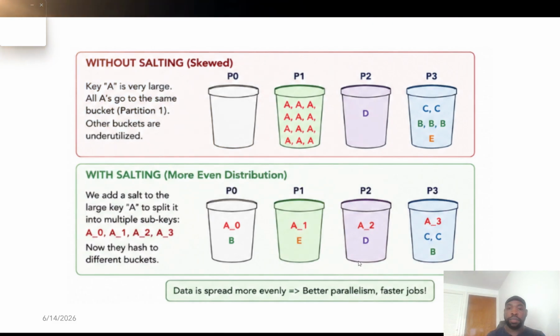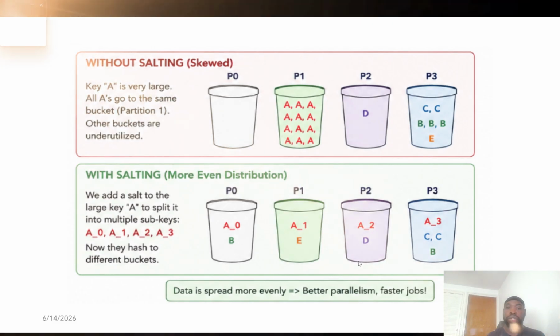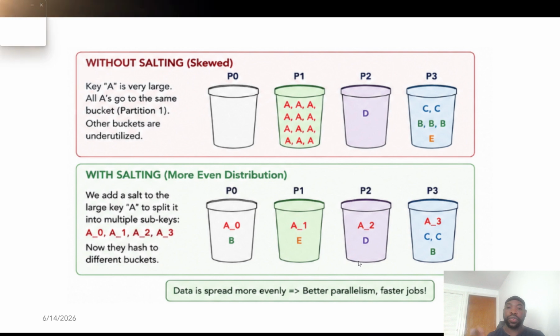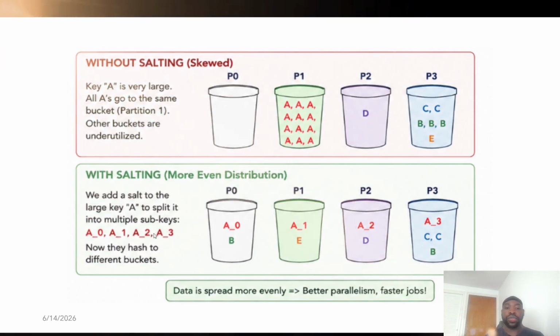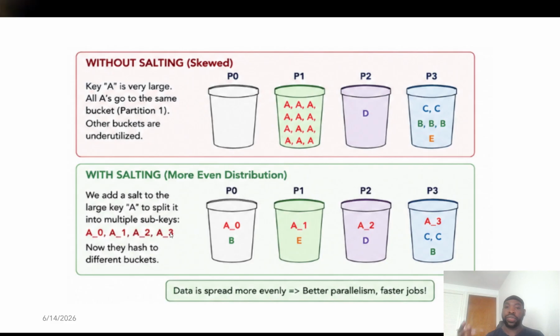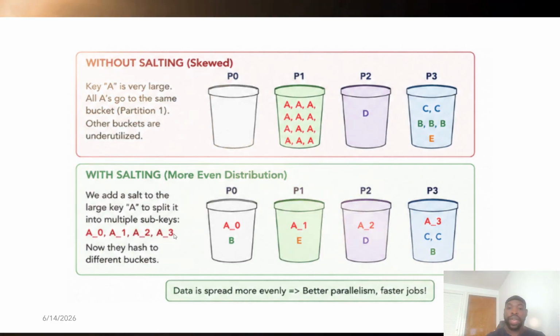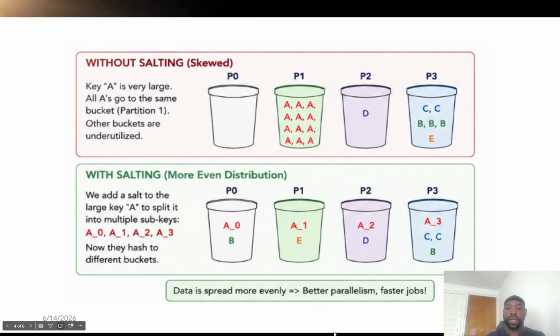To create multiple subkeys, we need a salt range, the range of numbers that we need to use, and append that number to the original key. And that is why we have A0, A1, A2, A3. Say for example, our salt range is 4, then we have A0 to A3, right?